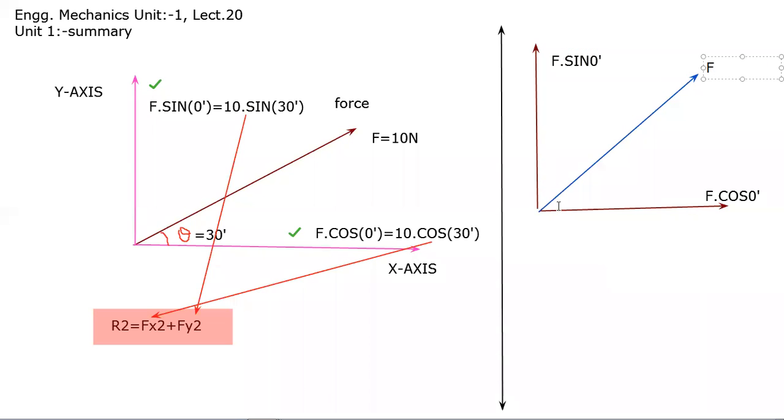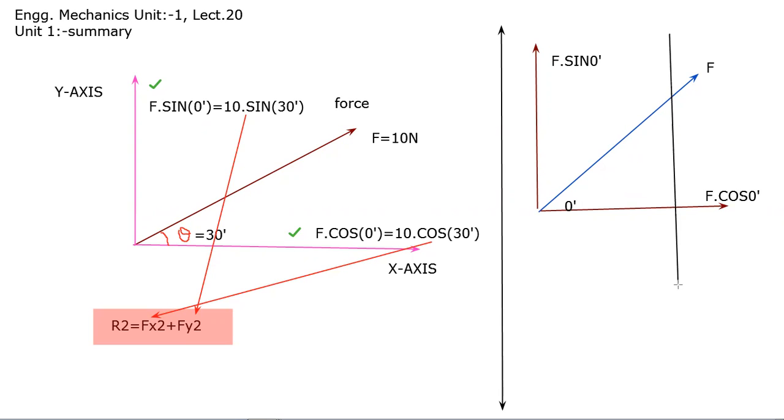This is your force F and this is your angle theta. Now you have split this into F cos theta and F sin theta. Then you can find its moment about a certain point. That moment also we have studied.